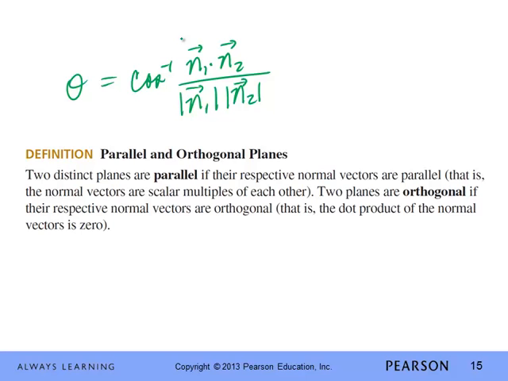Taking the arc cosine of 0, right? And then what would it look like if they are perpendicular or orthogonal to each other? It would be 0, right? So the angle would be pi over 2 when the dot product is 0, right? 90 degrees.